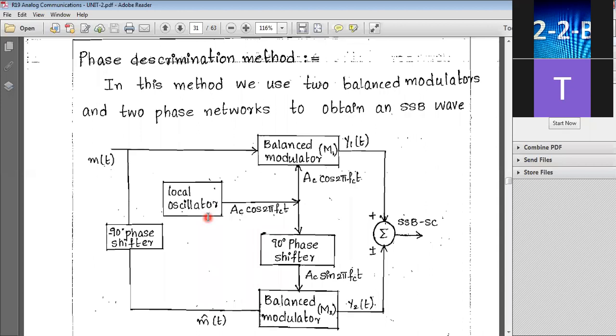You observe one point, the carrier is always generated from a local oscillator. Already I told you an oscillator is a circuit which is used to generate sinusoidal frequencies according to our requirement.